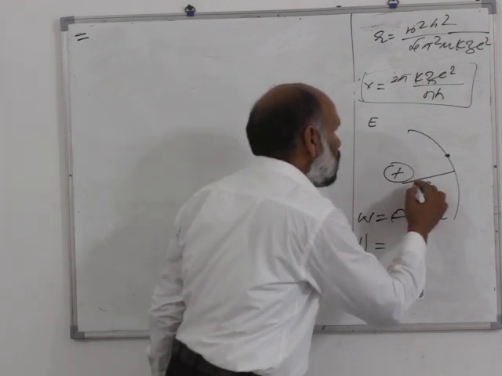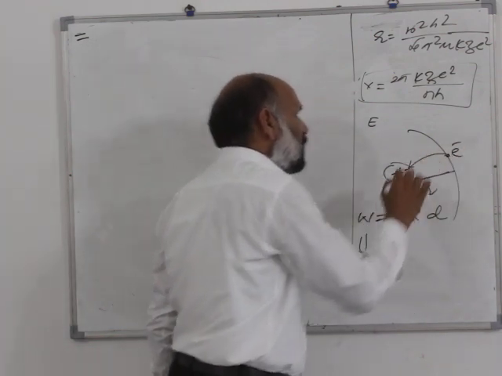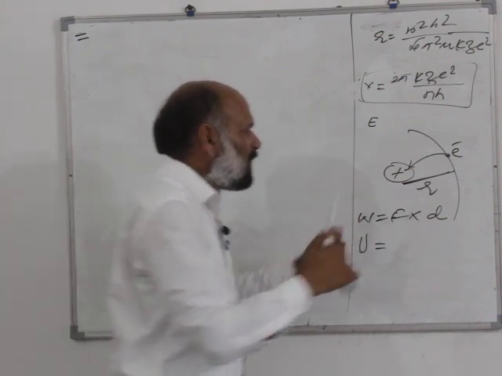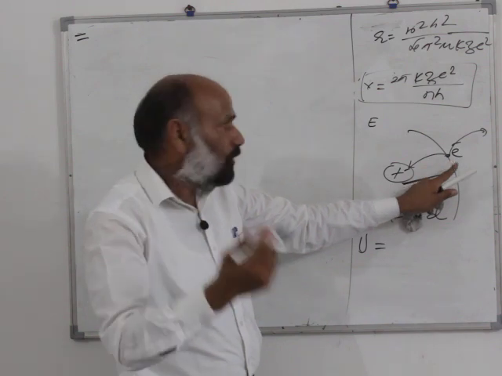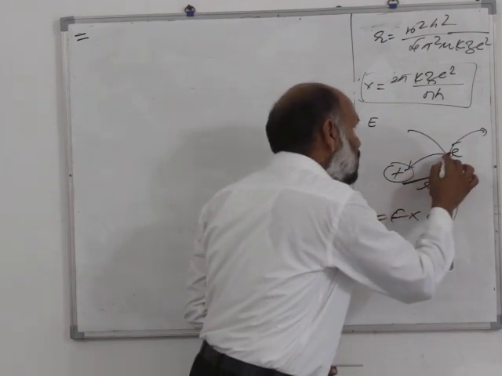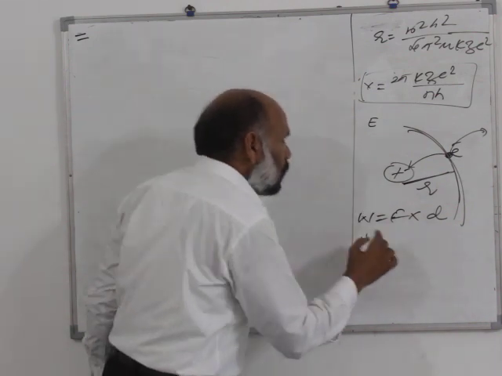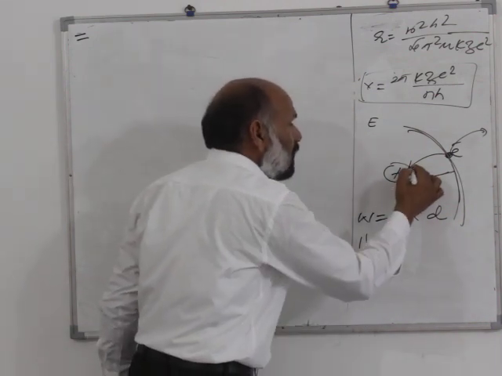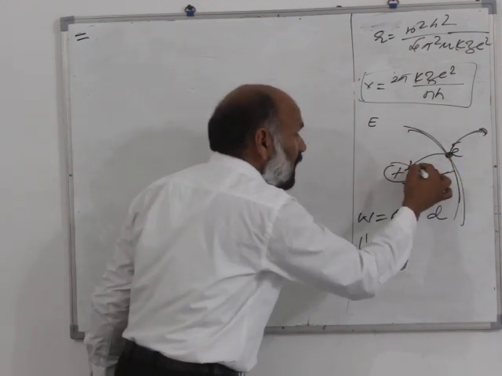This is the electron, this is being attracted by this, but a certain force is experienced by the electron in the outward direction. So what happens? This is in the balanced stationary orbits. So the force is centrifugal force, and this is balanced by electrostatic force.